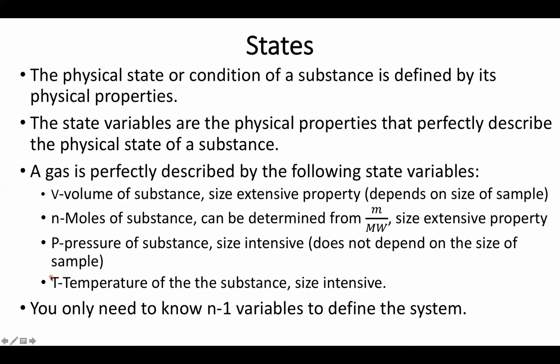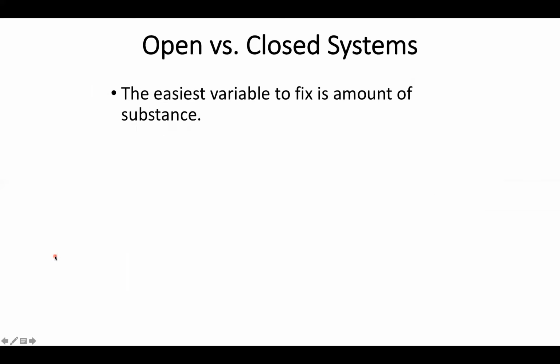Now, one of the tricks is when we're trying to generate these equations of state, this gives us four variables, so we often want to fix one set of variables or another. And it turns out that one of the easiest variables that I can fix is simply the amount of the substance. And this leads us to an important set of conditions that we can try and compare.